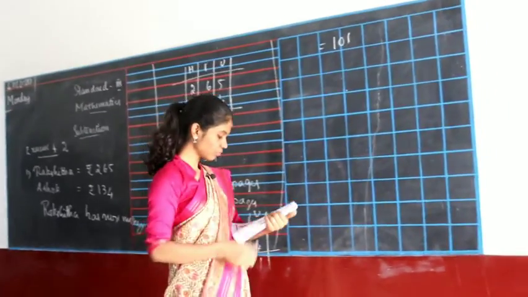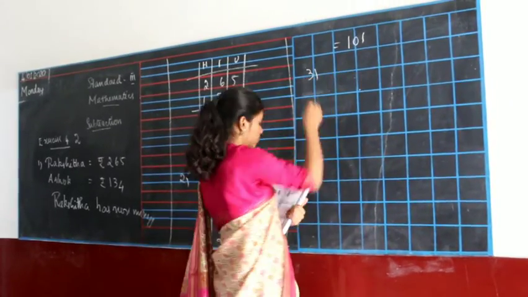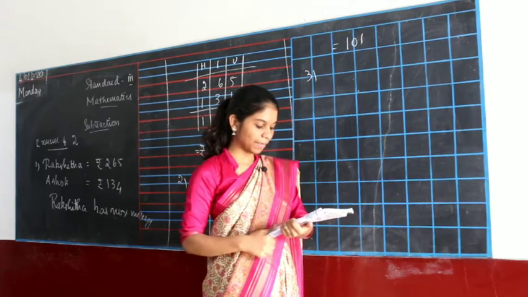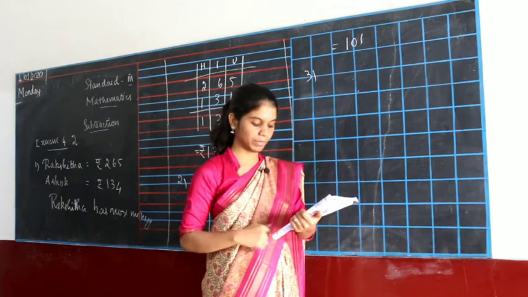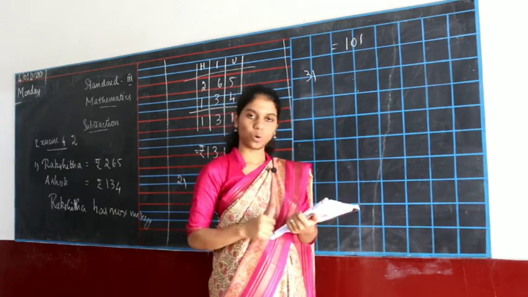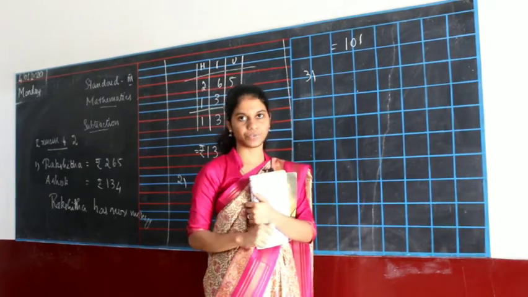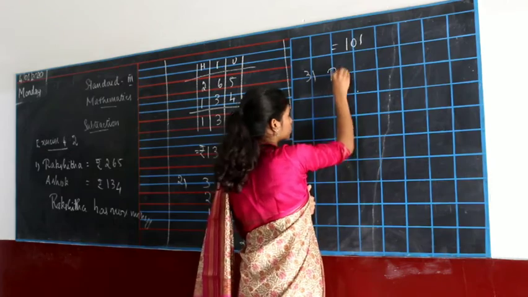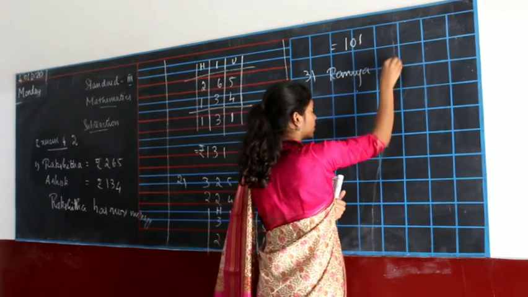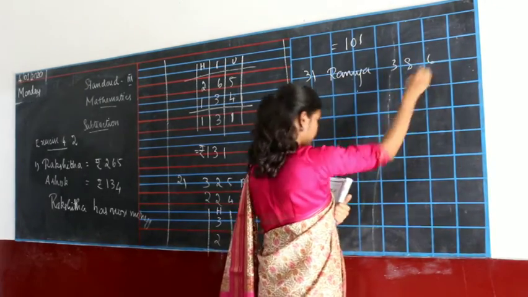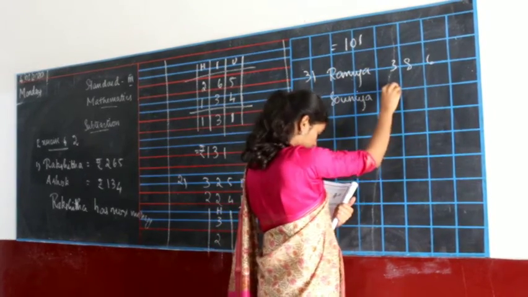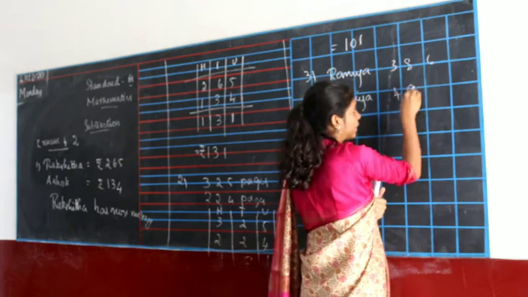Okay. So the next one is Ramya and Soumya are holding the marks they have obtained in the 7th annual examination. Who has scored less marks and what is the difference in score? Okay, so Ramya has scored 386 and Soumya scored 491.